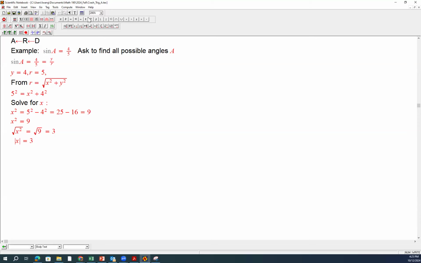So X will end up to be either 3 or negative 3. So we got two solutions for X. But what does that tell us? To satisfy Y equals 4, R equals 5, we have two X values.